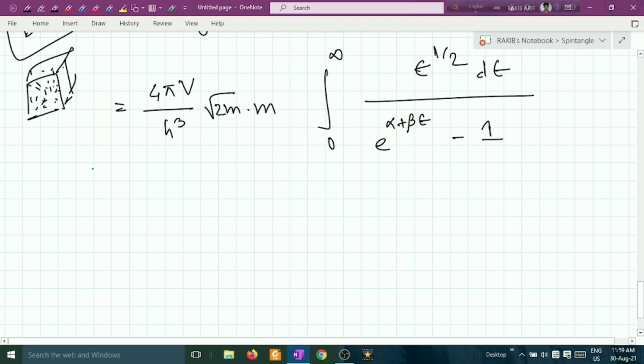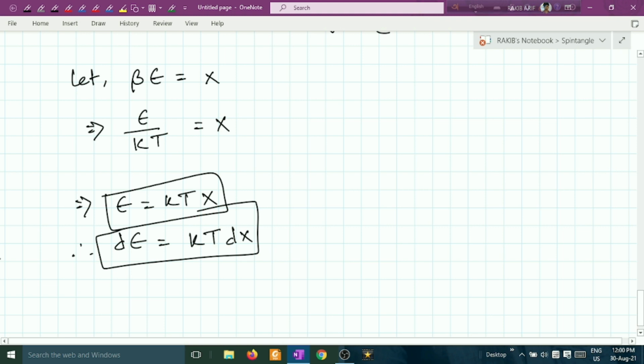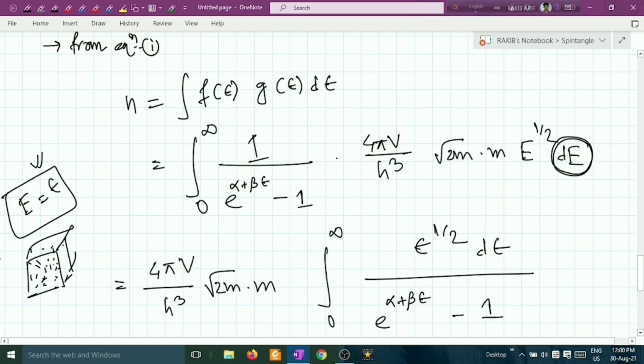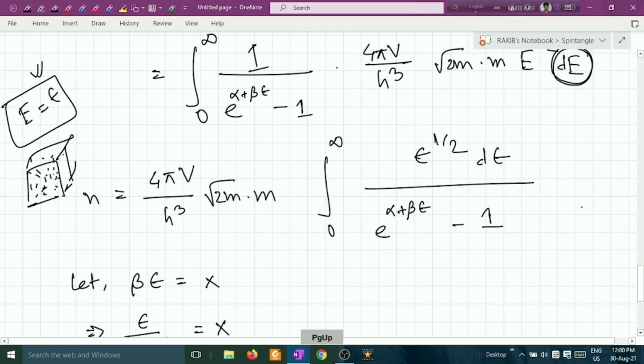Now how to solve this equation? The standard type of solution: let beta E equal x. Beta is what? 1 upon kT. Therefore E by kT equals x. Therefore E will be kTx, and dE will be kT times dx. Now this is the number of particles expression, giving this equation 2.